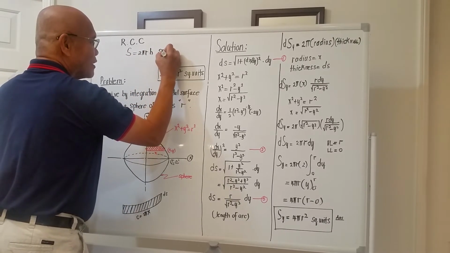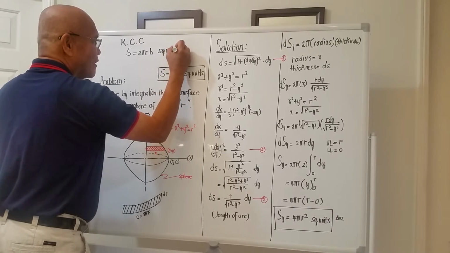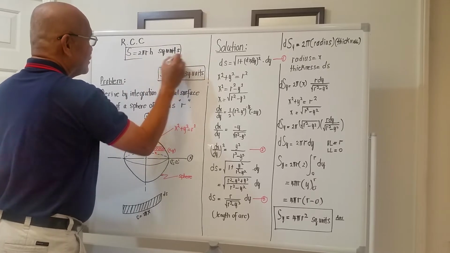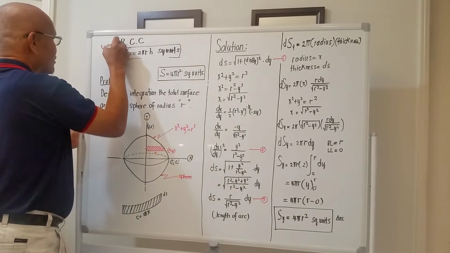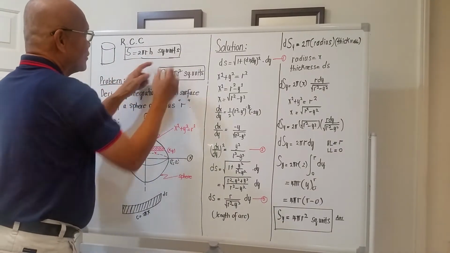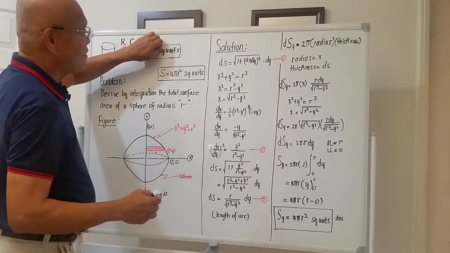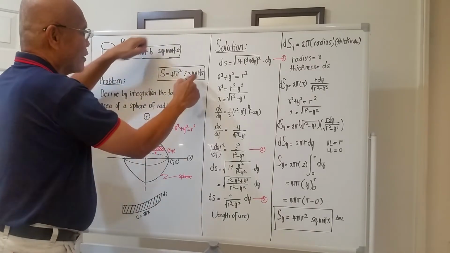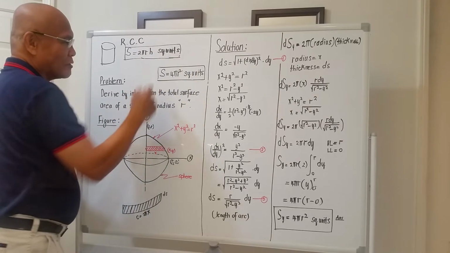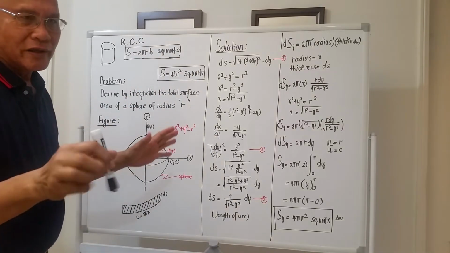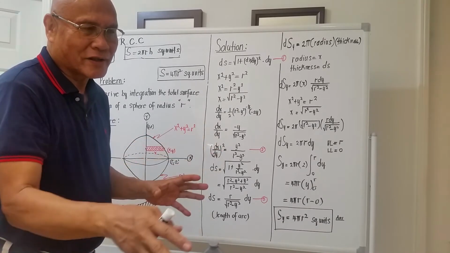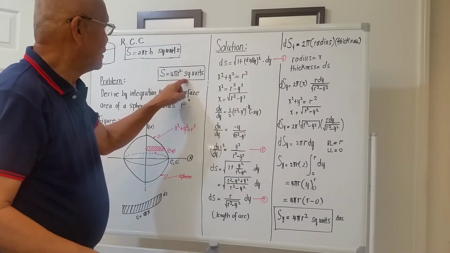This should be square units, guys. That is for a right circular cylinder. I placed it wrong yesterday. I just placed it units, but it should be square units because the product of a unit length times a unit length will be square units. Oh, that's the only error yesterday. It's in the writing of the total surface area. It should be square units.